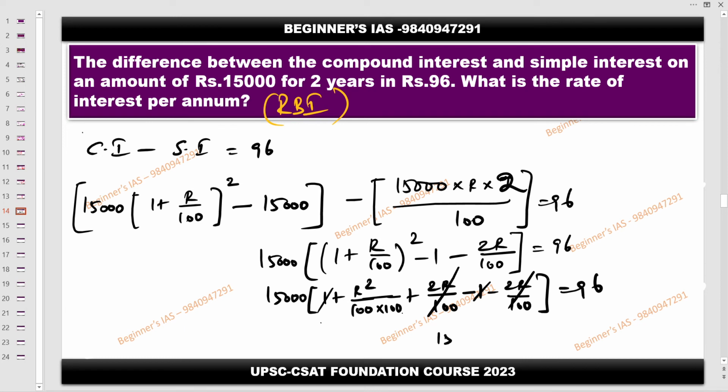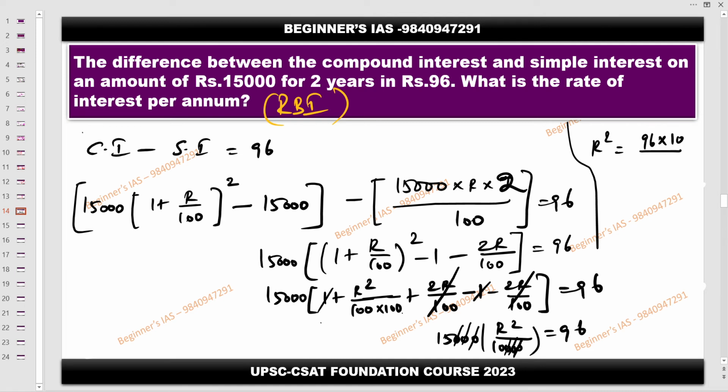Clear? Then 15,000 into R square by 10,000, 4 zeros, is equal to 96. Cancelling 3 zeros, R square is 96 into 10 by 15.